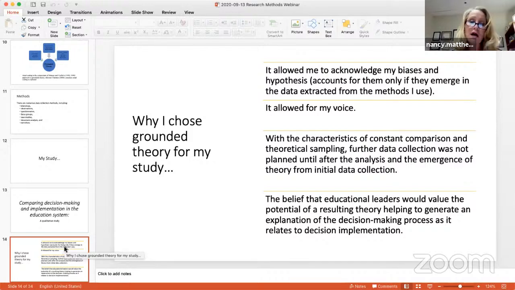And grounded theory fit with what I was doing because I did have the belief that educational leaders would value the potential of a resulting theory that grounded theory could offer, helping to generate an explanation of the decision-making process as it relates to decision implementation.